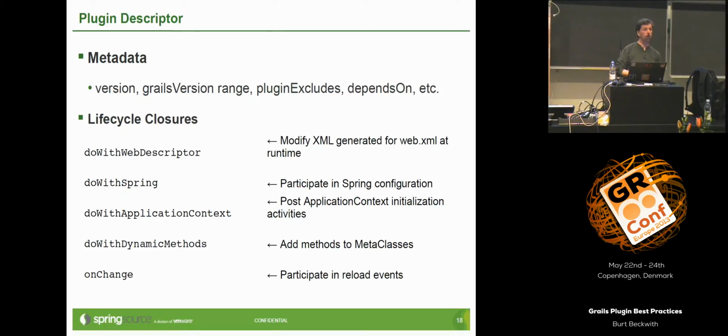Do with Spring is where you do all the work to add in beans, register Spring beans. Do with application context is called after the entire application context is wired up. So all the beans are ready to be used, and if there's anything you need to do after everything's wired together and beans are available, you can do that there. Do with dynamic methods, really that work could be done in do with application context because it's the same phase of startup.